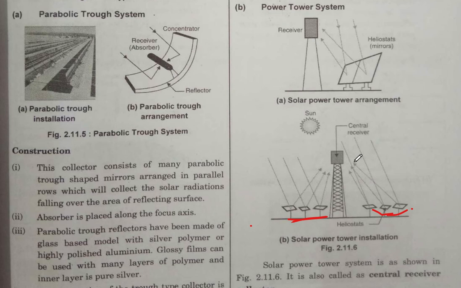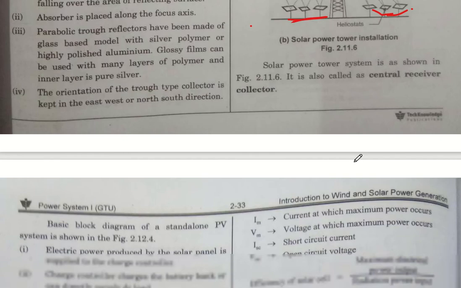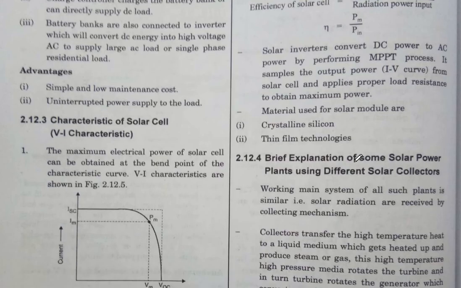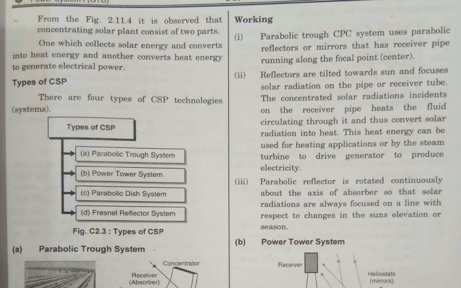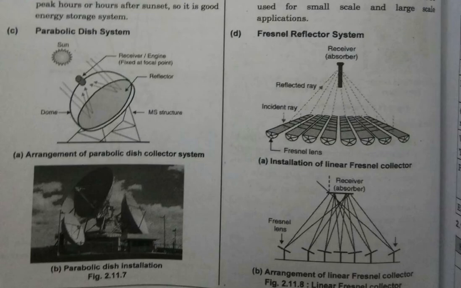Now let's jump to the next system. We call it the parabolic dish system. Here in the figure you can see the arrangement of the parabolic dish collector system and how it looks.